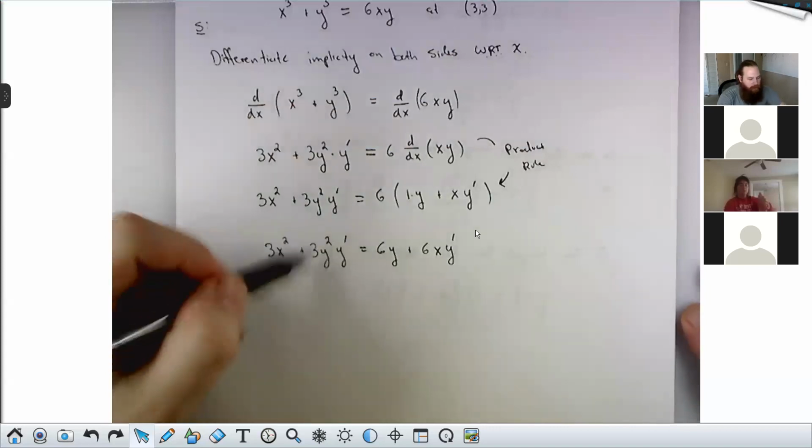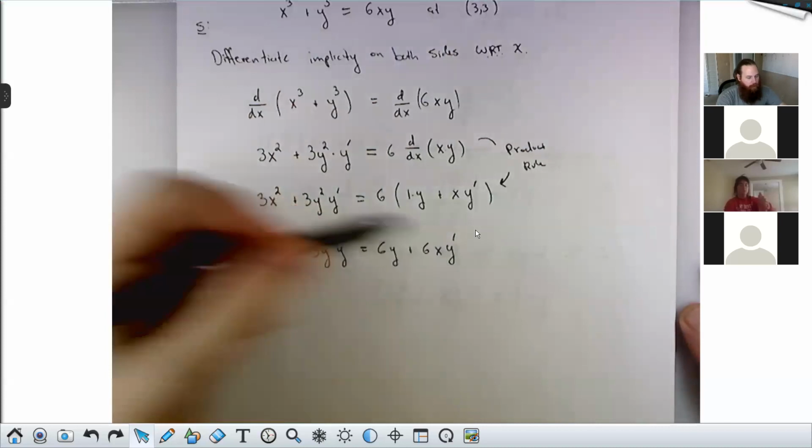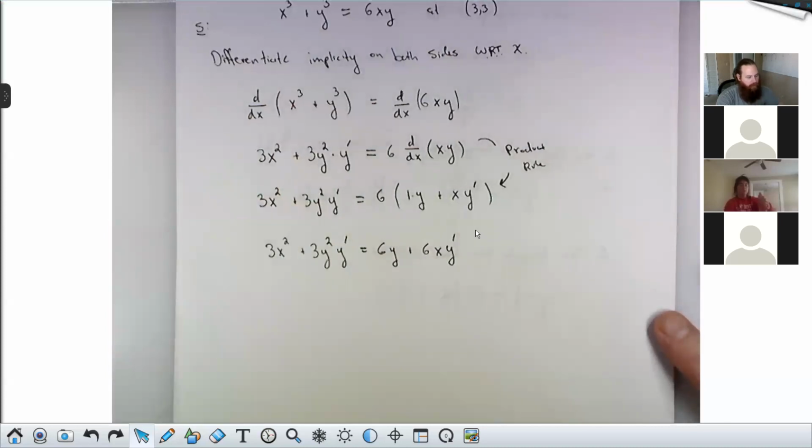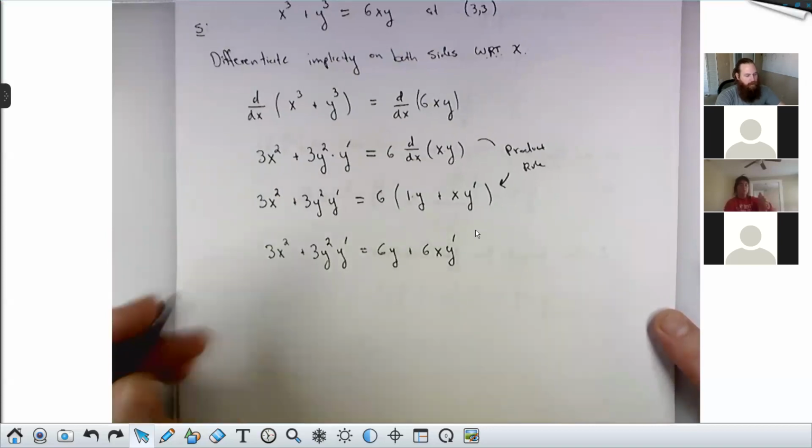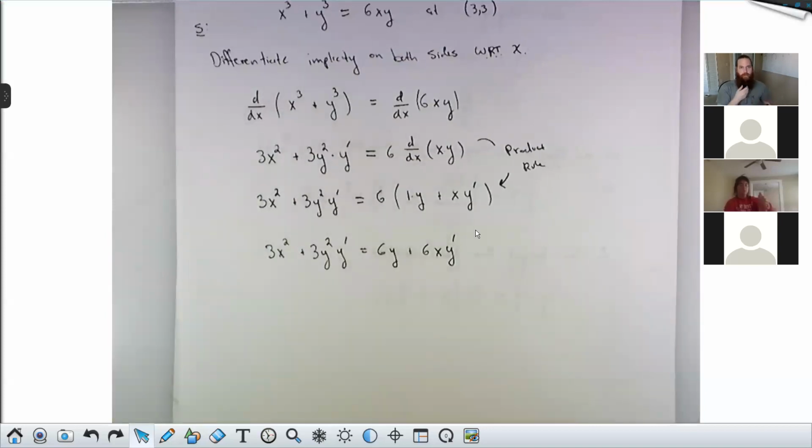So I'll leave this piece here. I'll subtract this piece over, and that'll get all my y primes on one side. I'll subtract this piece over here, so I don't have anything that doesn't have y prime. Just like when you were learning how to find function inverses, you want to solve for one variable or another, pull every term that has the variable you want to one side and everything that doesn't have the variable you want to the other side.